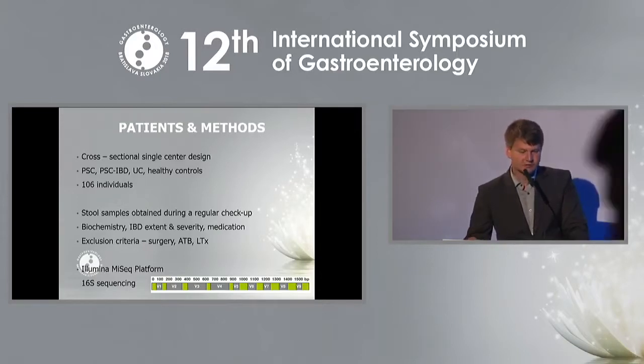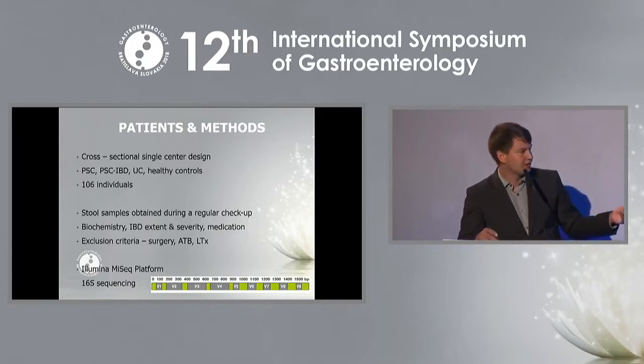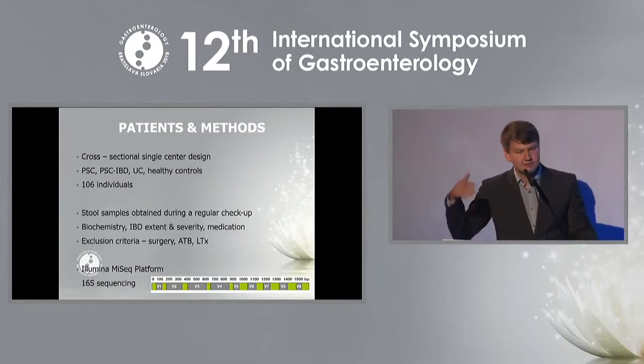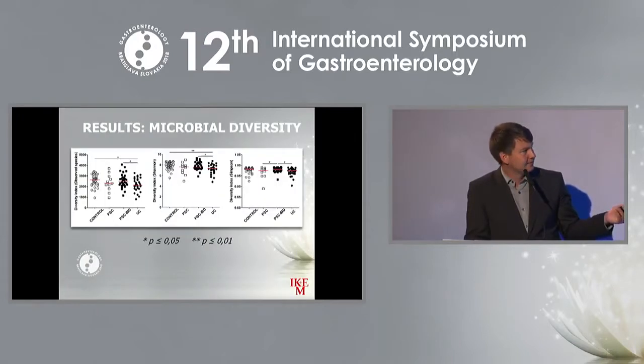We obtained the stool samples at a regular checkup, and performed state-of-the-art Illumina MiSeq sequencing of the 16S gene, which is quite specific for bacteria. These are the variable areas, which are really specific for each bacteria, so you can go to very low levels of the taxonomy to really see what's in there.